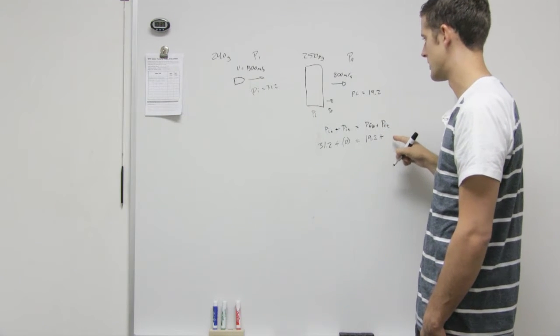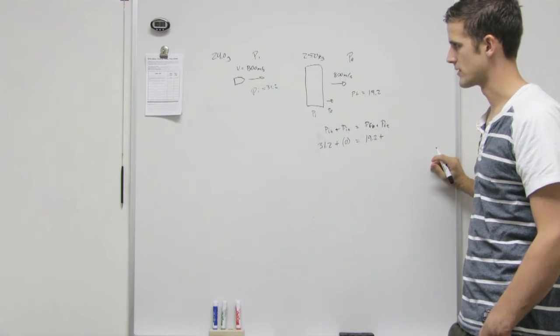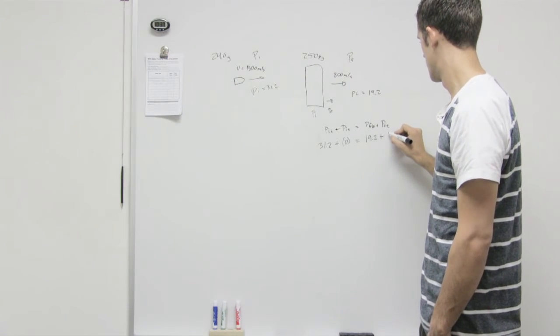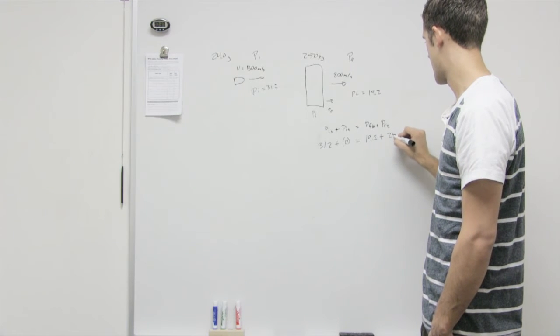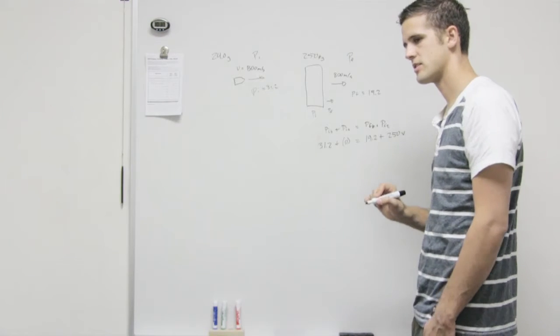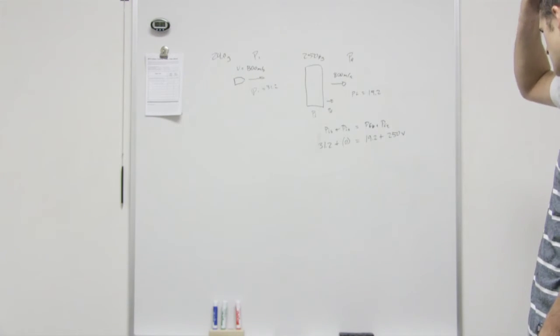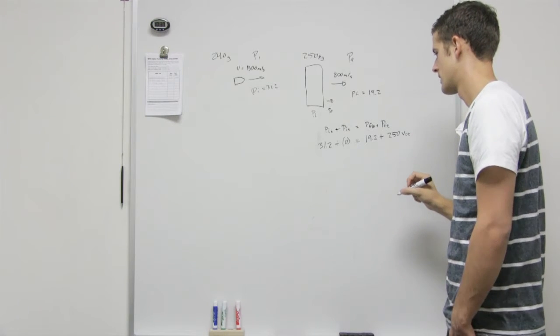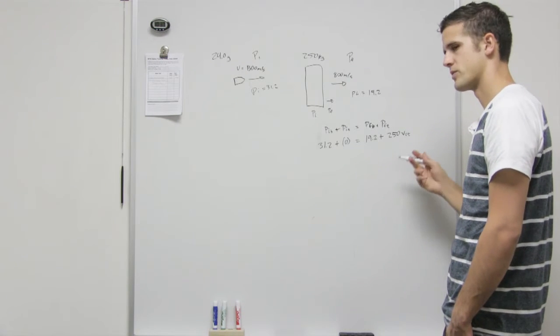And the final momentum of the target would be its mass, 250 kilograms, times its final velocity. If we solve for that, we're good.